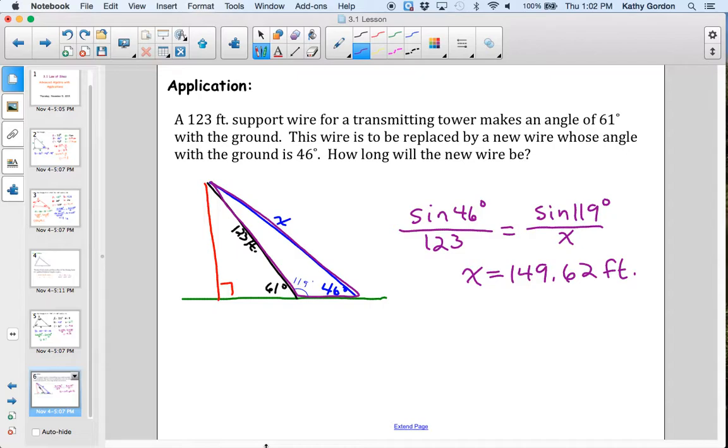There's still a lot of that we can use to help us. But the nice thing about this case is if we can narrow it down to just that purple triangle that's created by the 2 different wires, it really just takes 1 step to find our missing piece after we figure out the 119 angle. Okay?